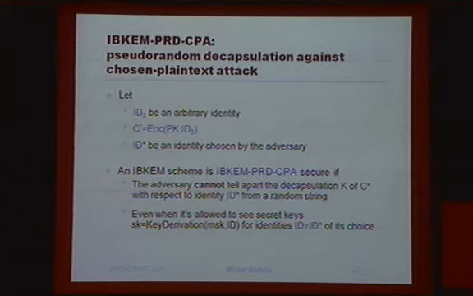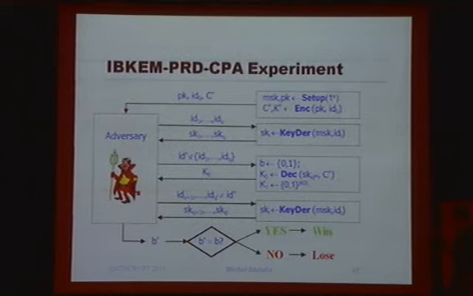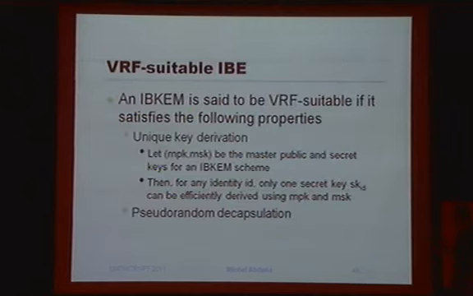I can get, for instance, the secret key for ID 0, as long as ID 0 is different from ID star. So this is just the same definition using pictures.